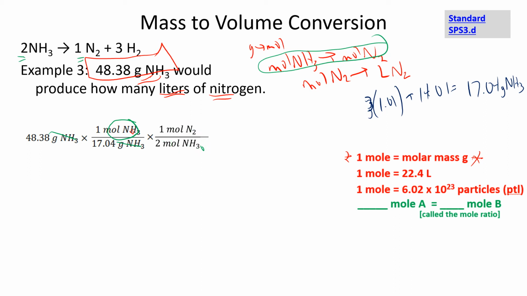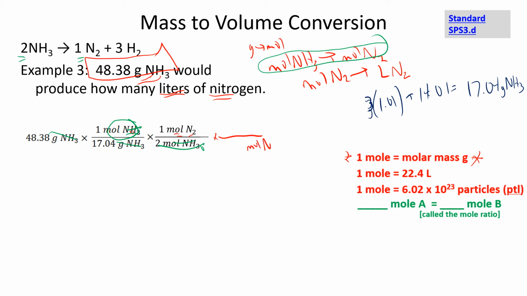Now that I've gotten rid of my moles of ammonia, I can see that what I have left is my moles of nitrogen. But the problem doesn't ask for moles of nitrogen, it asks for liters. So what I'm getting rid of goes on bottom, what I'm going to goes on top.